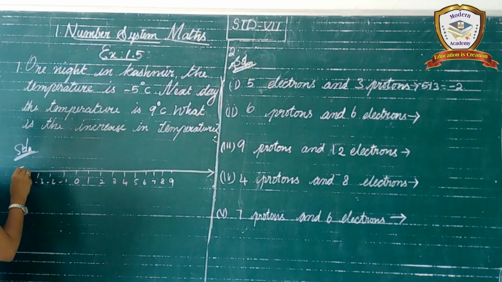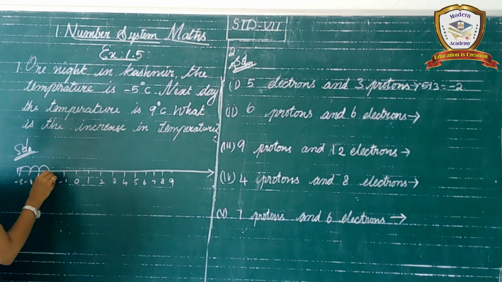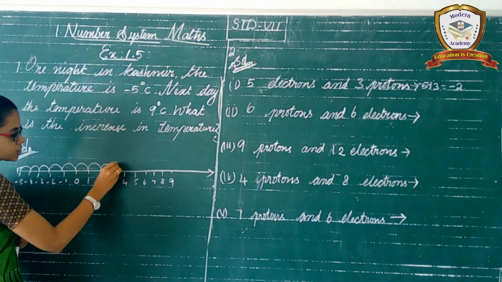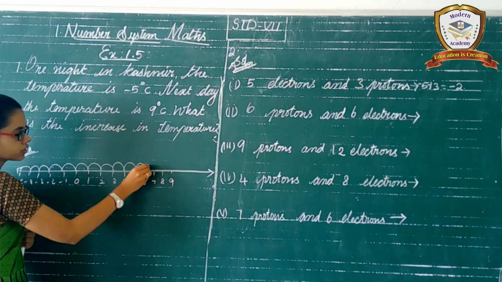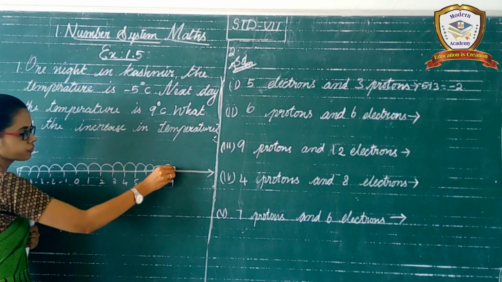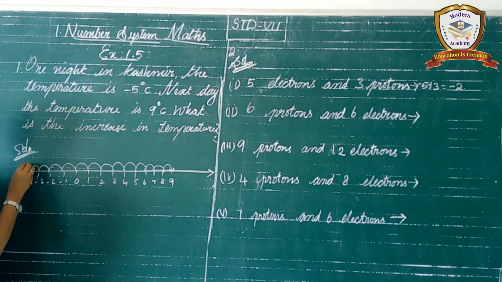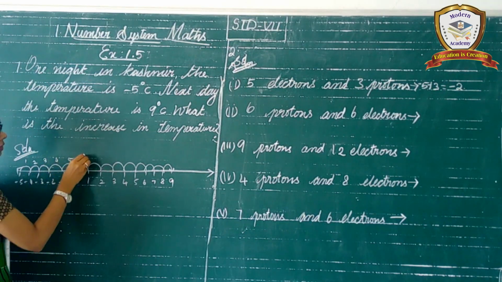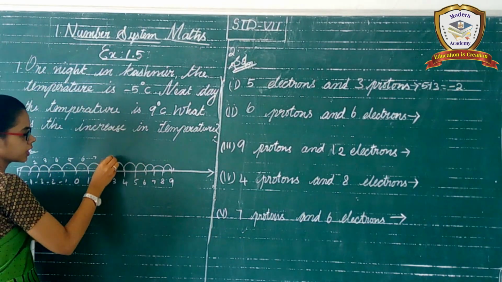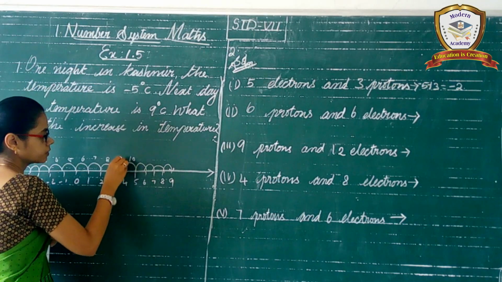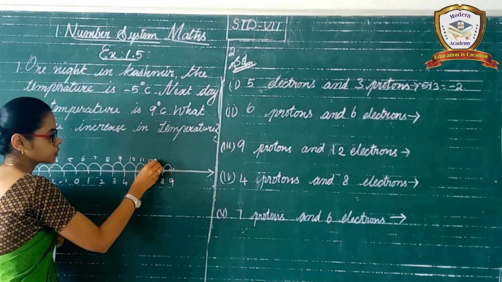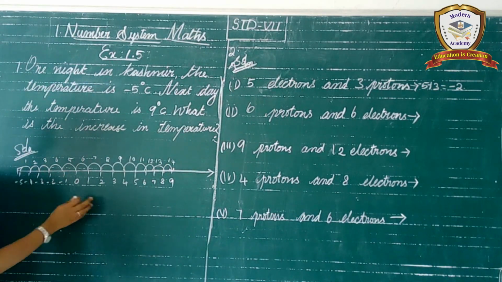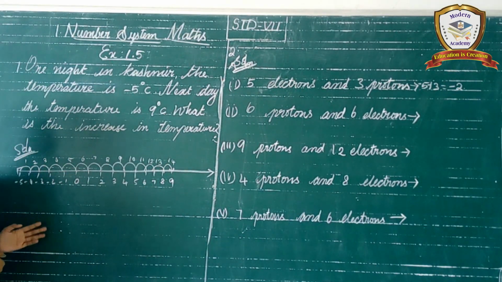Okay, so calculate here: 1, 2, 3, 4, 5, 6, 7, 8, 9, 10, 11, 12, 13, 14. So totally 14. So the total increase in temperature is 14 degrees Celsius.